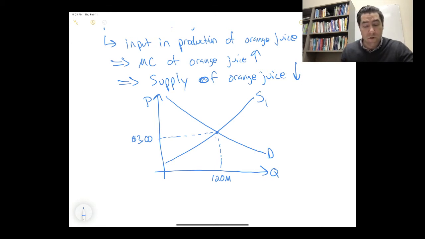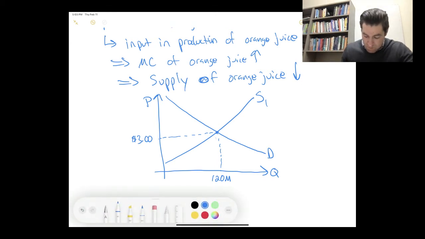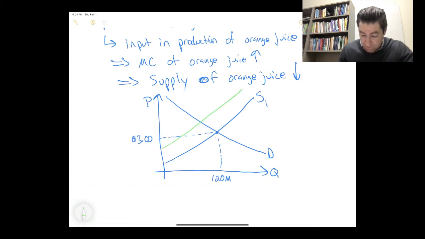Price of oranges goes up. That shifts the supply curve to the left. It's a decrease in supply. So that's a decrease. That is going to cause the equilibrium price of orange juice to increase and the quantity to decrease.